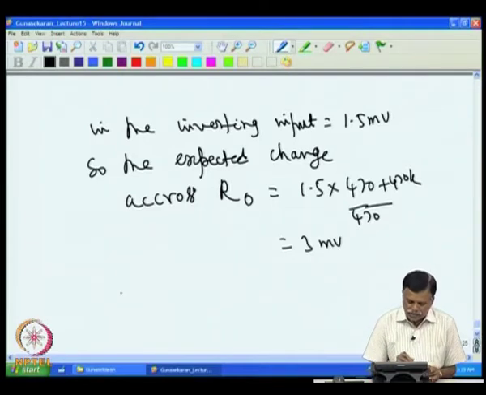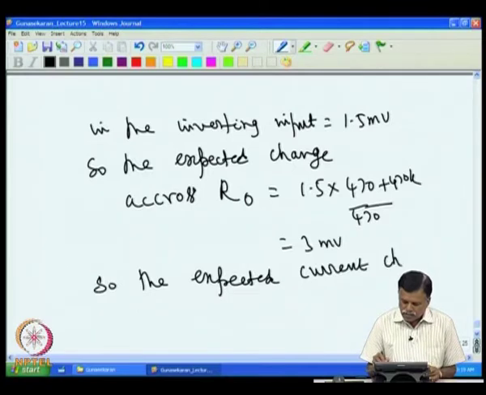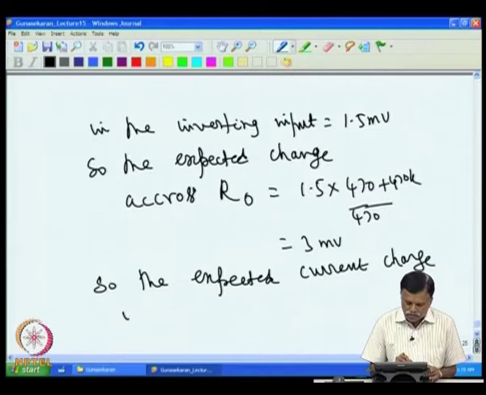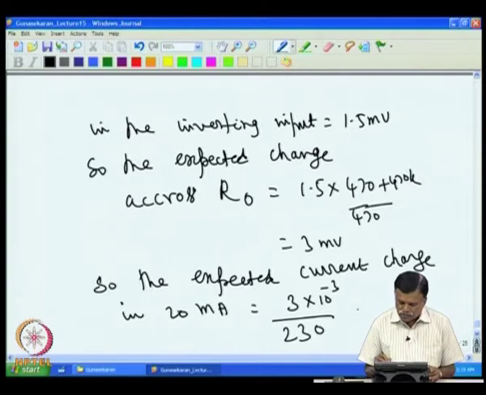So, the expected current change in 20 milliampere, that is equal to 3 millivolt divided by 230 ohms.